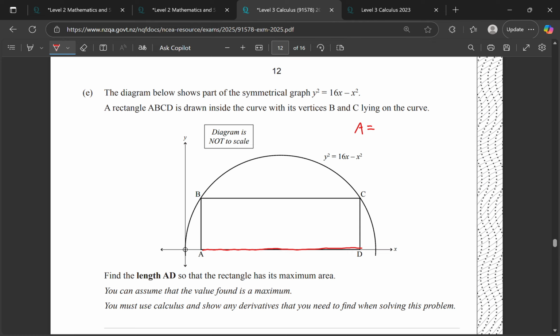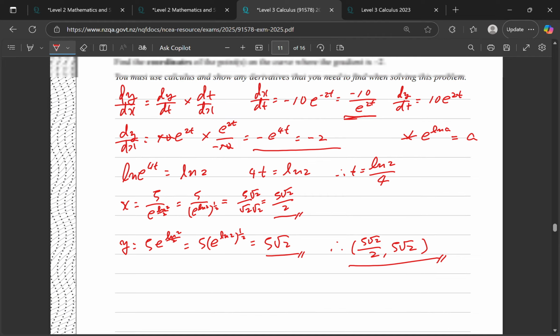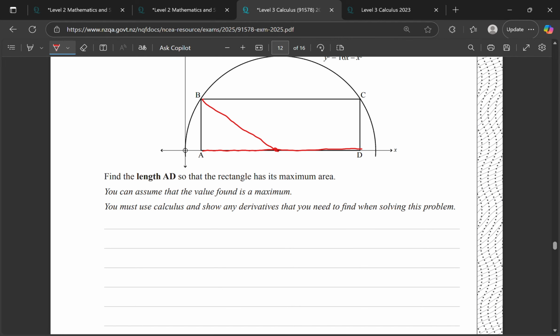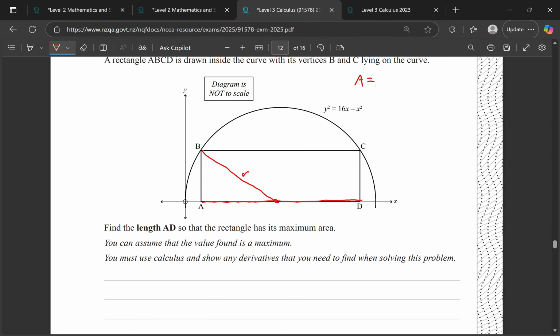Say this is the center of the circle, and this is R. I wish I would know the radius.